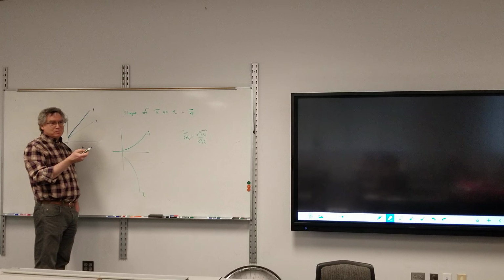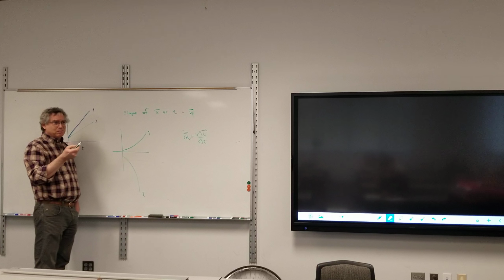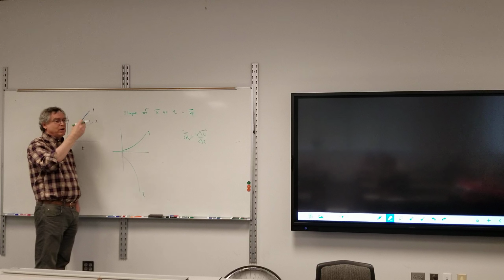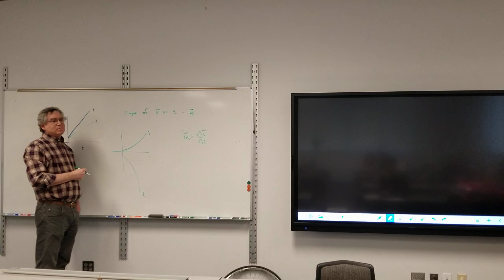Well, it's getting faster. There are a couple different approaches, so I'm trying to figure out how you've come upon this conclusion. Well, object two is speeding up, so it has to be accelerating, and velocity is already going that direction, so I figured they were both negative. Okay.